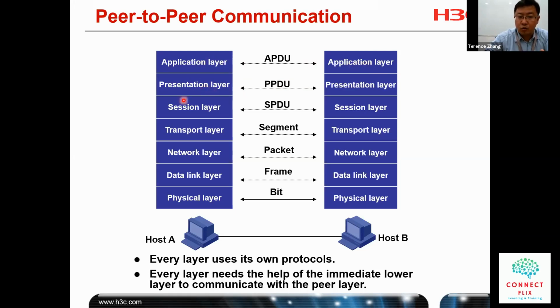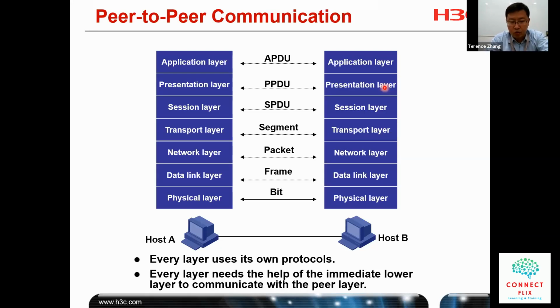And the presentation layer does the presentation job, and the peer presentation layer explains it. So just like one job ahead and then the reverse job to get the information on the peer. So this is what we call peer-to-peer communication. So by now, I start to have some questions for you.